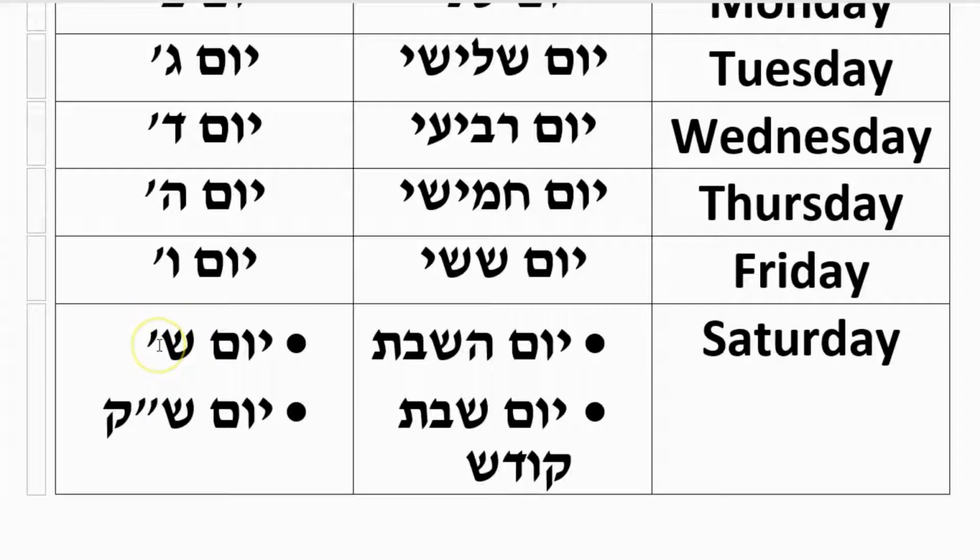That's how we're abbreviating. Two apostrophes signify that we are making a Roshei Tevot, taking the first letter from each word, Shabbat Kodesh, and shortening it to this little abbreviation. Okay, that's the days of the week.